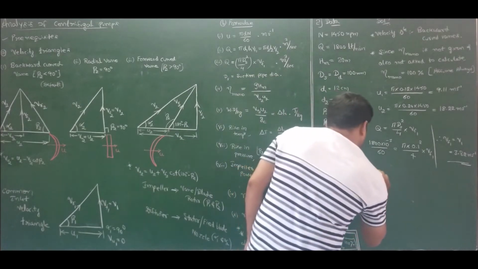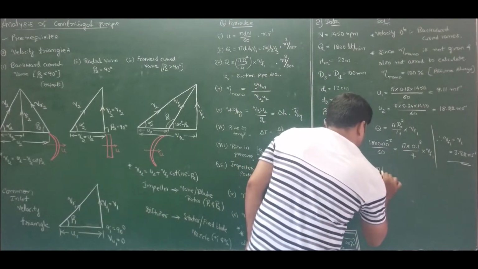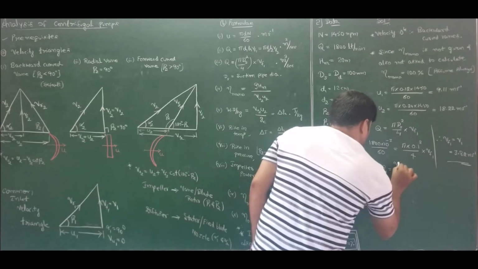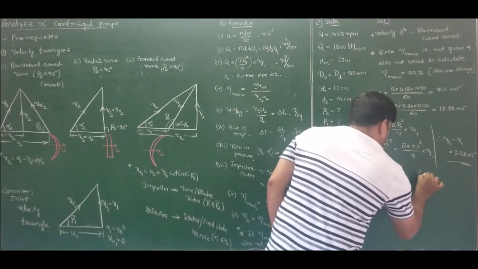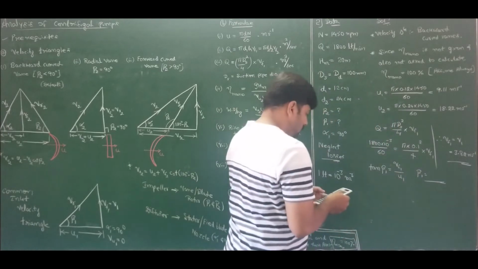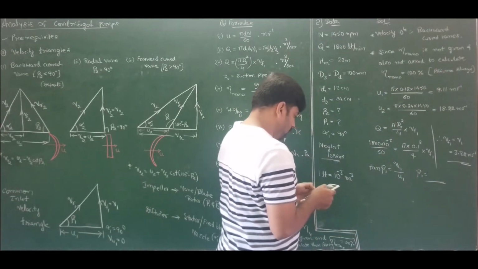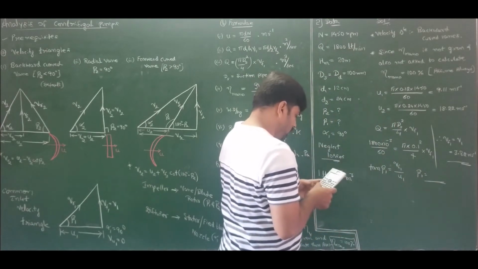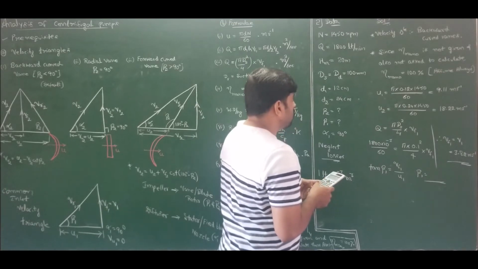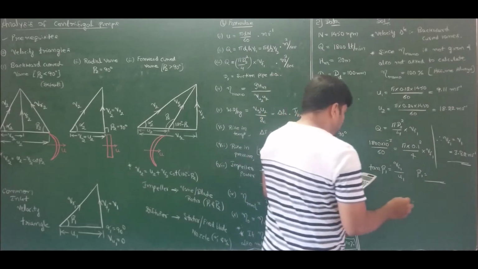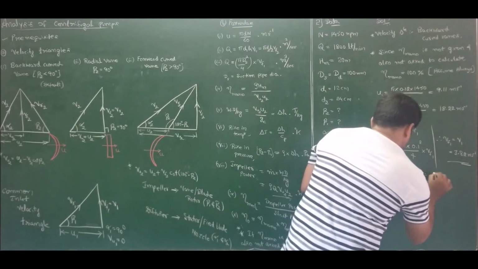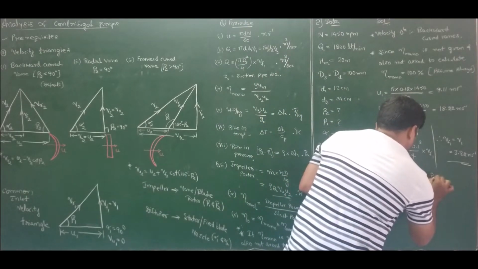Hence tan beta 1 will be Vf1 by U1, so I will get the value of blade angle. That is tan inverse of Vf1, 3.82, divided by U1, 9.11. Hence the inlet blade angle, that is impeller angle, is 22.75 degrees.